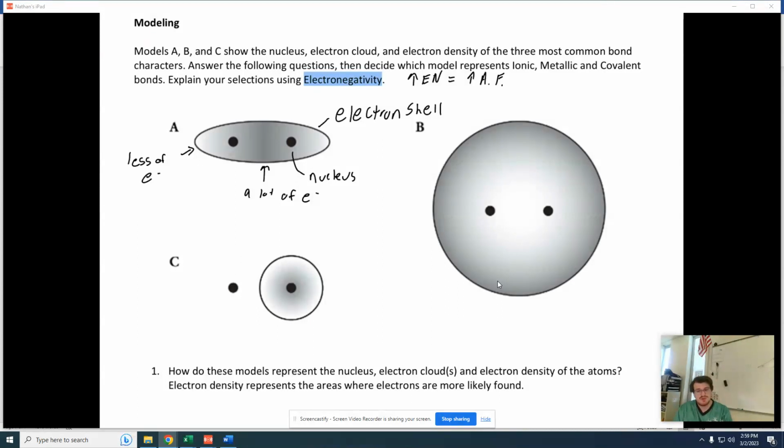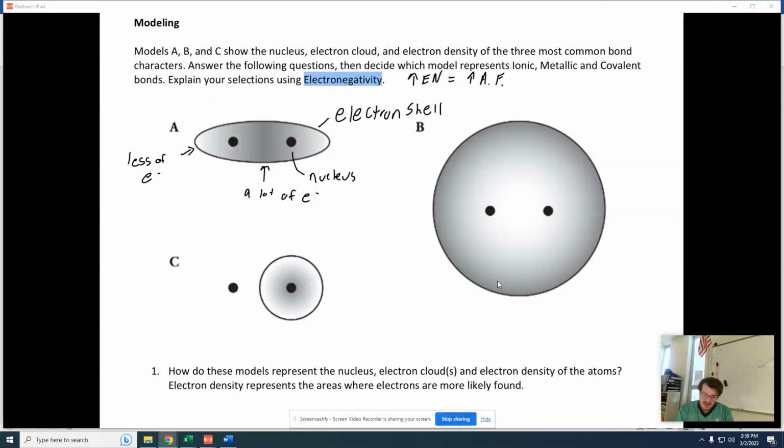If all of the electrons are stuck in the middle, that tells me that both atoms have a very strong hold on those electrons. So the electrons can't escape that center, and they end up getting stuck in between the two atoms.